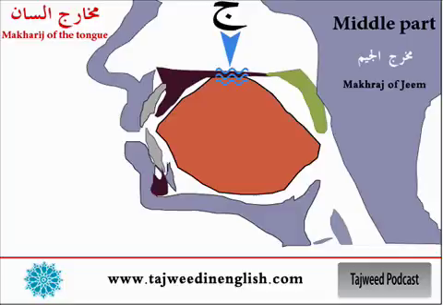So in the wasatul lisan, which is the middle part of the tongue, the middle part touches the roof of the mouth, and the sound stops exactly as in the qaf. Aq, aj. But with the kaf, there is some air coming. It doesn't stop completely, but it makes that rakhawa, it makes that hams in the kaf.